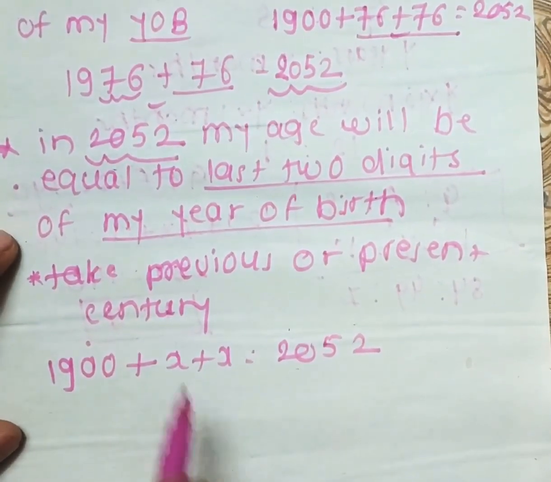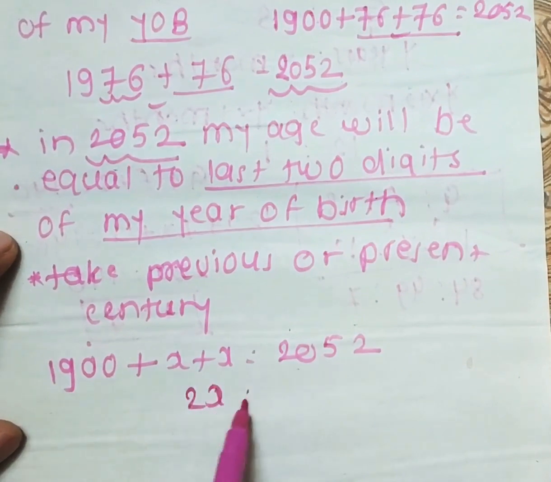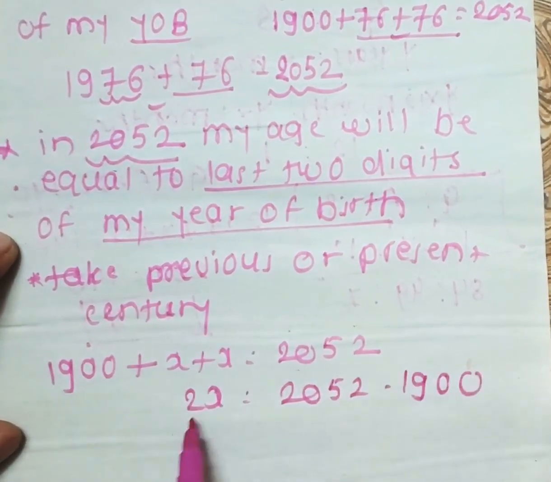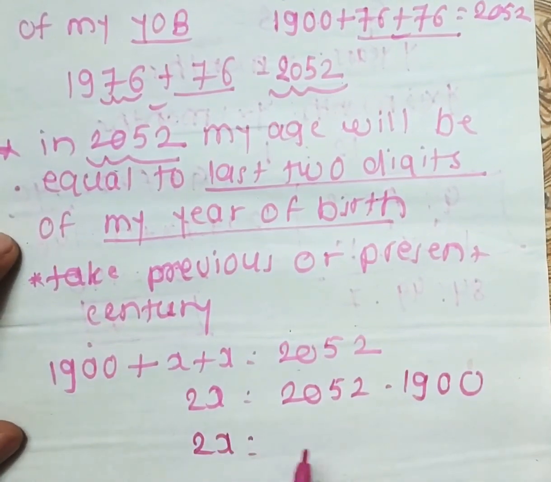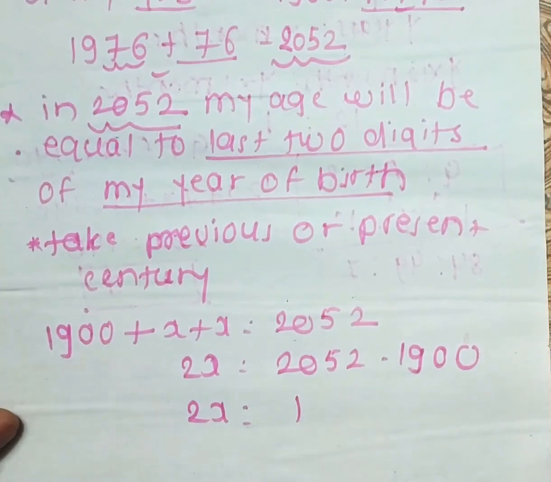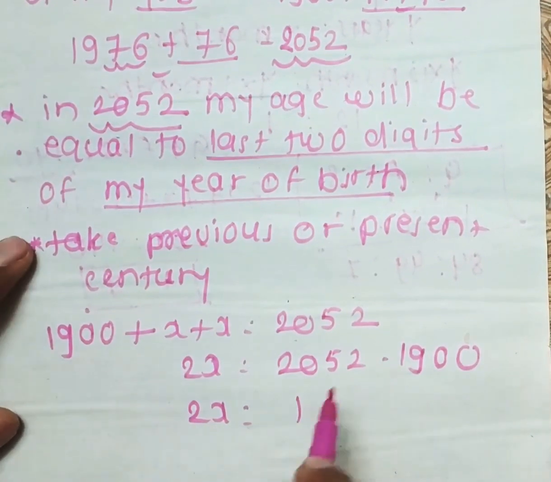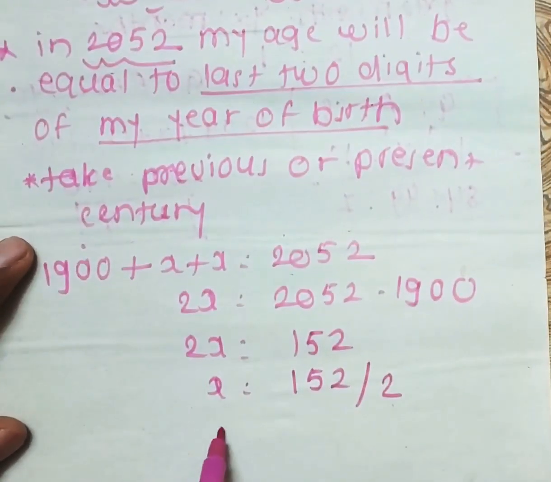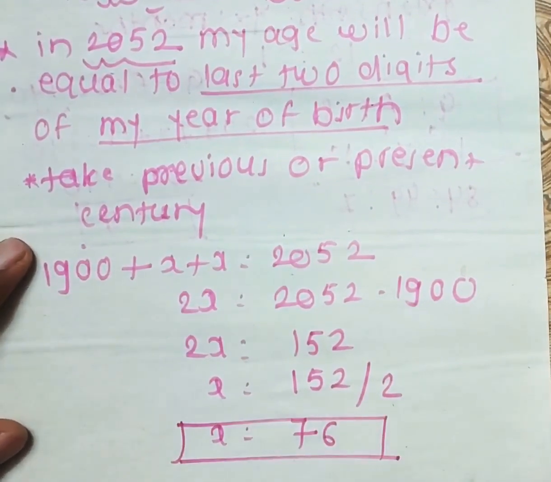So 2x is equal to 2052 minus 1900, so I get 2x is equal to 152. So x is equal to 152 upon 2, which is 76.